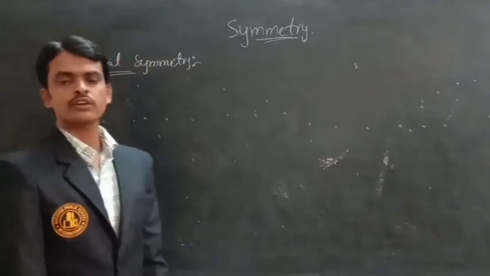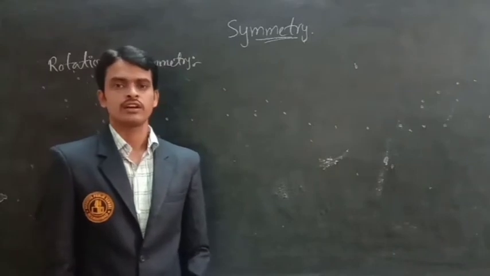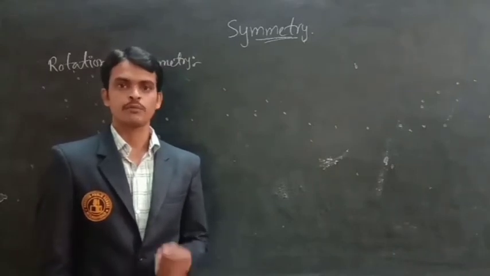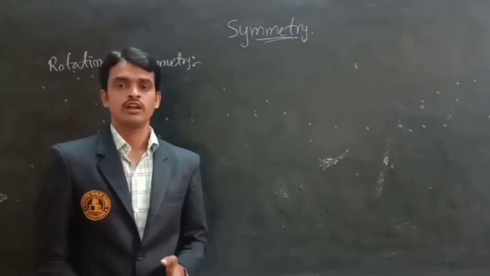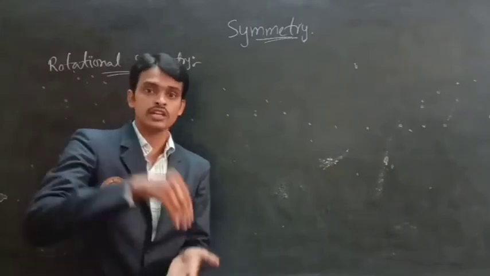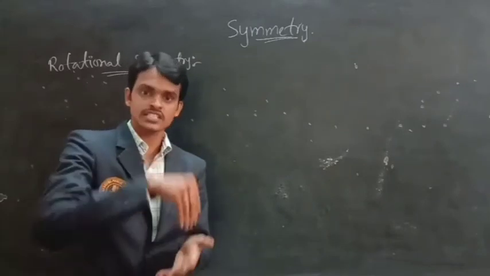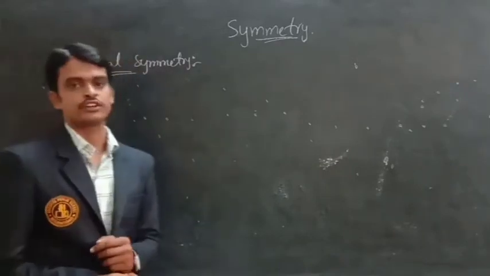The definition of rotational symmetry: if we rotate a figure about a fixed point by a certain angle and the figure gets its original shape back, the same as before, then the figure has rotational symmetry.